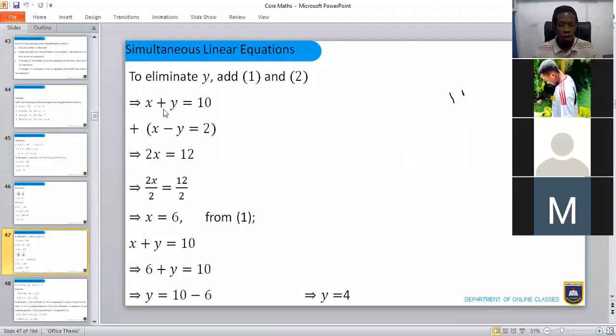So we do the same thing, adding the corresponding like terms. x plus x will give us 2x. Then y plus minus y, that becomes y minus y, will give us 0. Then 10 plus 2 will result in 12.